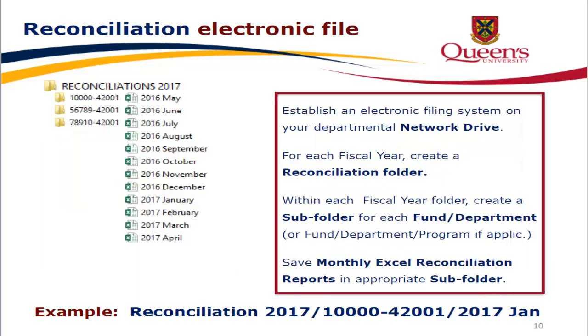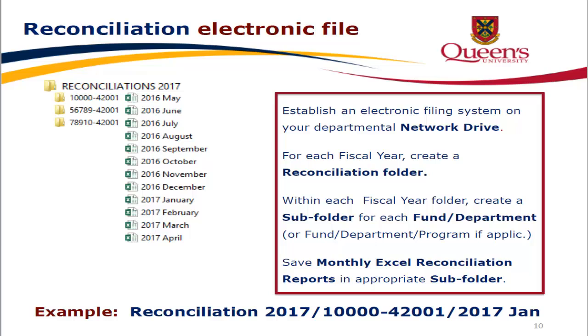It is a good idea to establish an electronic filing system on your departmental network drive. For each fiscal year, create a reconciliation folder. Within each fiscal year folder, create a subfolder for each fund department or each fund department program, if applicable. You will then save your monthly Excel reconciliation reports in the appropriate subfolder.